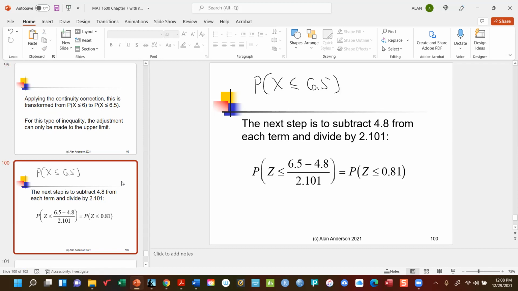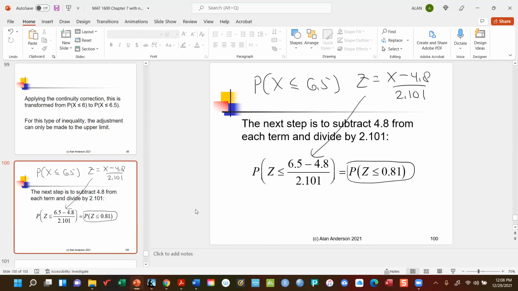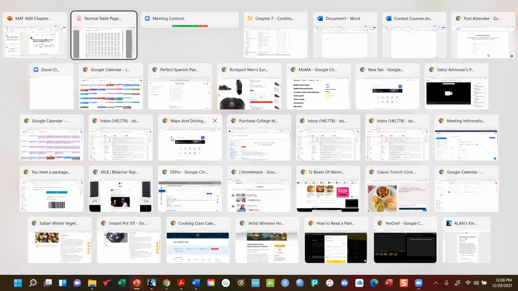Now, the rest of this is the same. Z is going to be equal to X minus 4.8 over 2.101. And when I apply that here, you can see I've got the probability that Z is less than or equal to 0.81. Well, that's easy because it's a cumulative probability. I can just go right to my table.